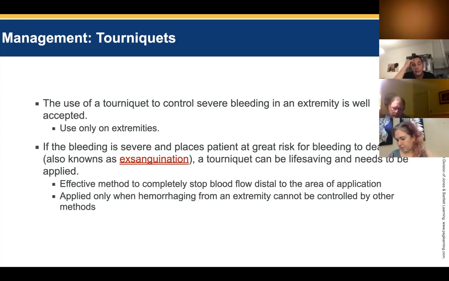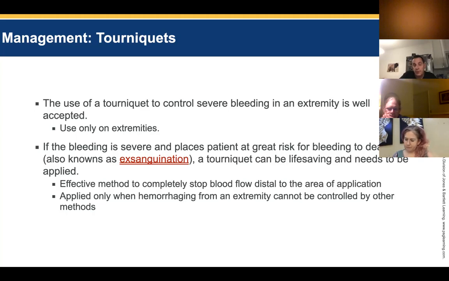Okay, one thing that I want to point out here: if you determine to put a tourniquet on, you are determining that this patient's life is in danger of them bleeding out through that extremity, and you are writing that extremity off, basically. Okay? And Mike was talking about no pulse.